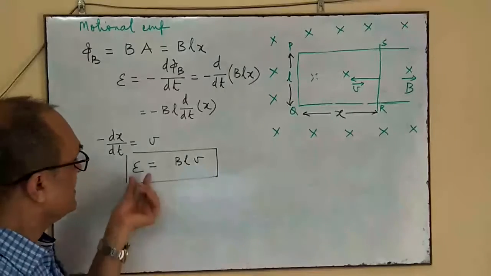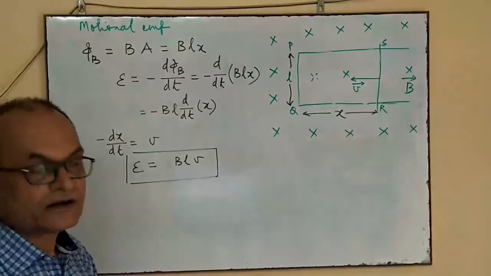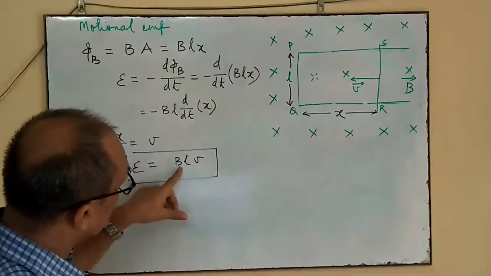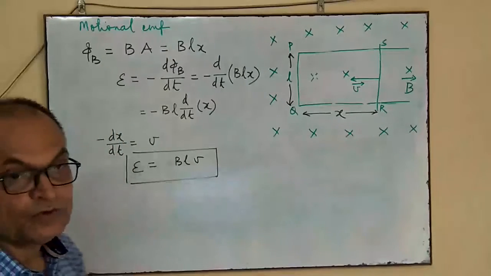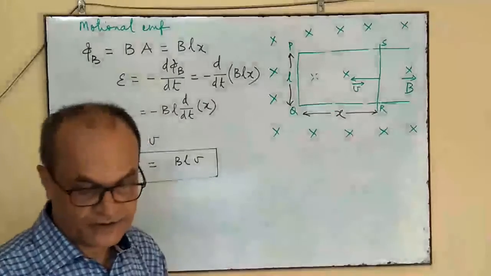So we can say EMF induced in the conductor is directly proportional to B, directly proportional to L and directly proportional to the velocity of the conductor.